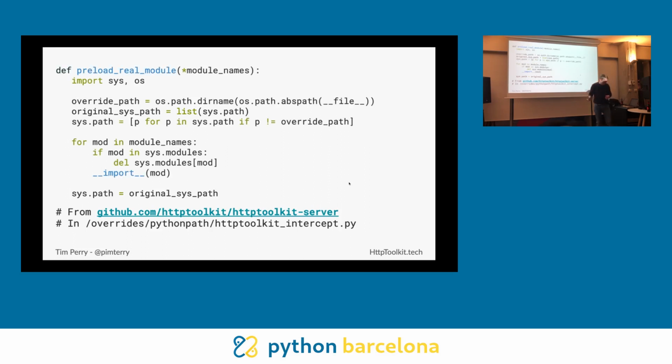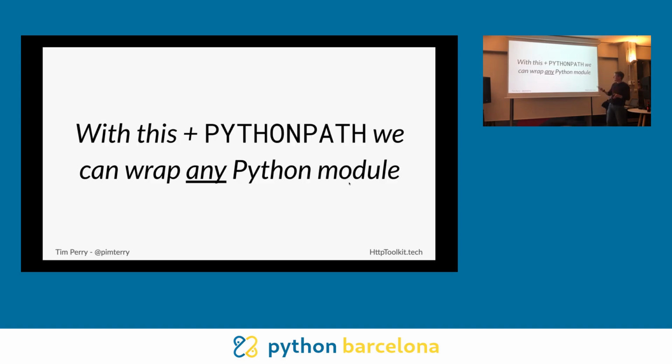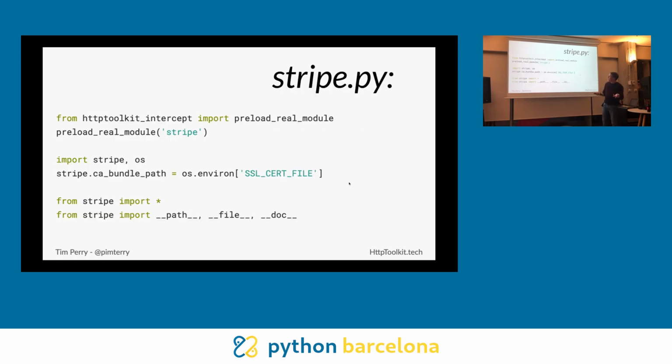So with this put together, you can do this sort of interception for every version of Python, everywhere, for any module. You can take this and PYTHONPATH, and from outside Python, you can wrap and replace anything, which is quite fun. So this is what the actual Stripe replacement code looks like in HTTP Toolkit. This is included in the app. And all it does is set PYTHONPATH so that it points to this directory.